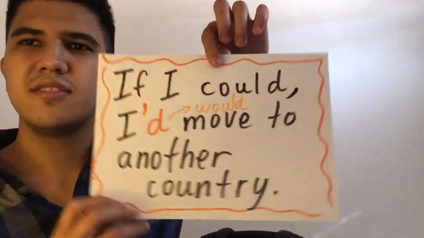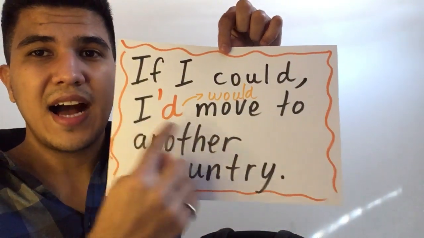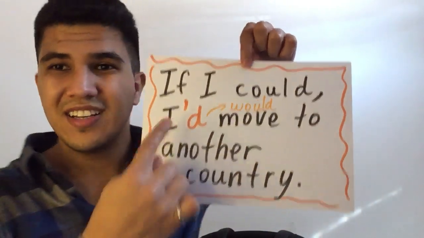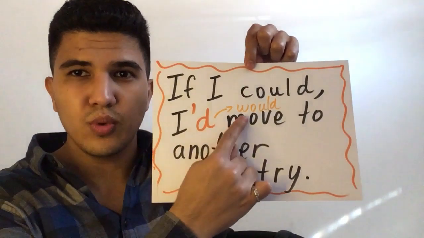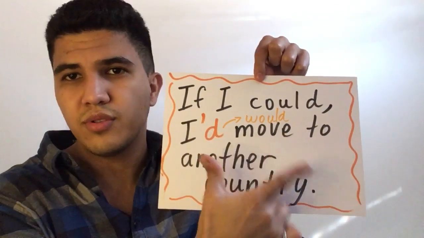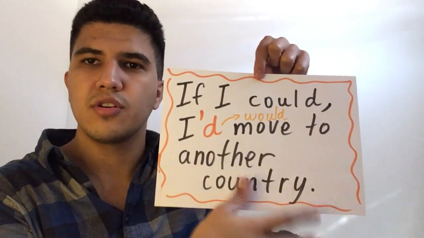Depends on the sentence. You probably remember second conditional, right? So if I say, if I could, I'd move to another country. This is not had. This is would, meaning I would move to another country, and this is second conditional.